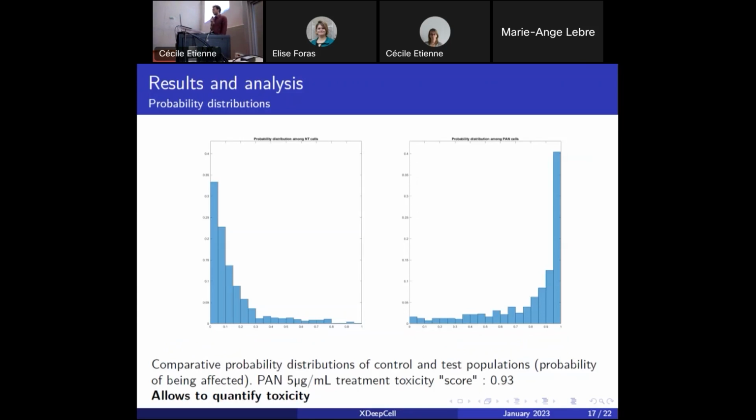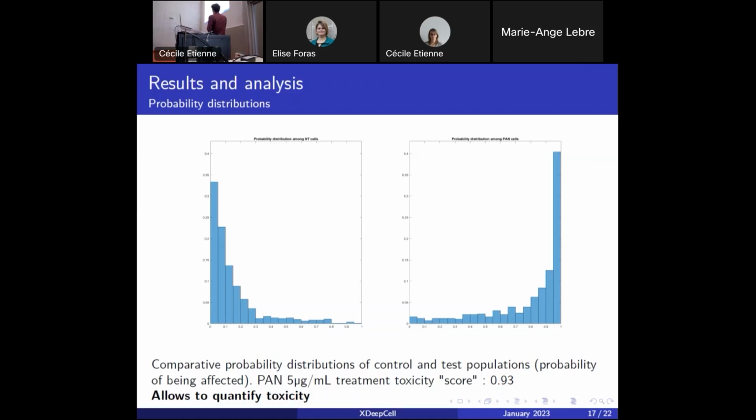To do this, we reuse our probability, or deterioration indicator, that is given by the classifier. If we plot the distributions of those probabilities for the two populations, here on the left there's the distribution for the non-treated cells. On the x-axis, we have the probability. Here on the left is 0% of being affected, and here, 100% chance of being affected.